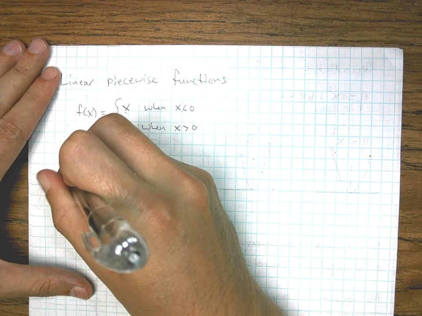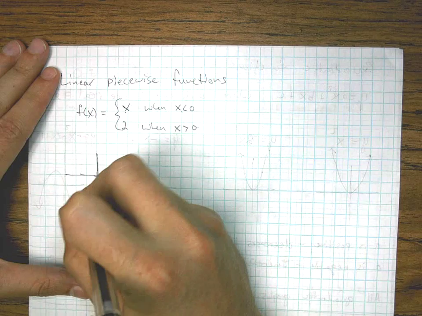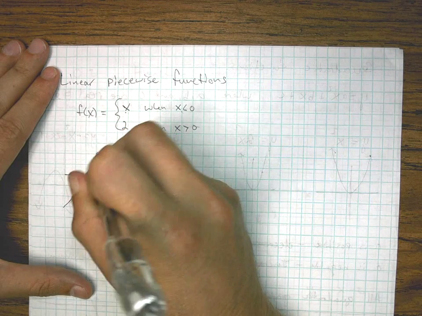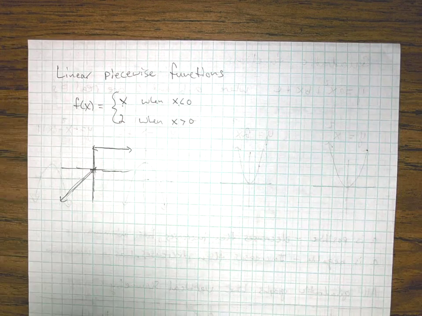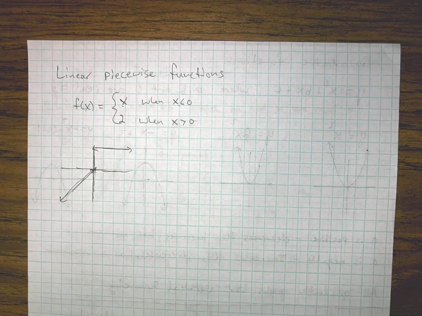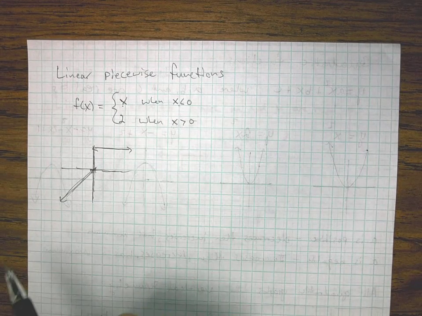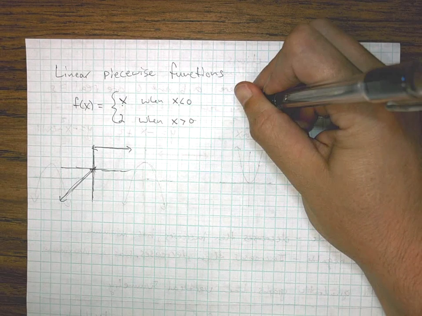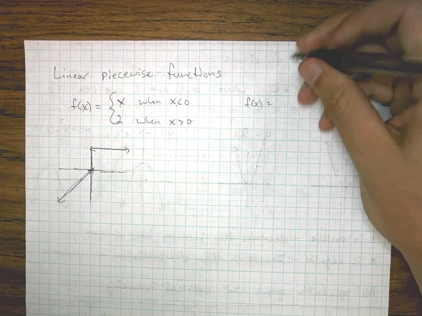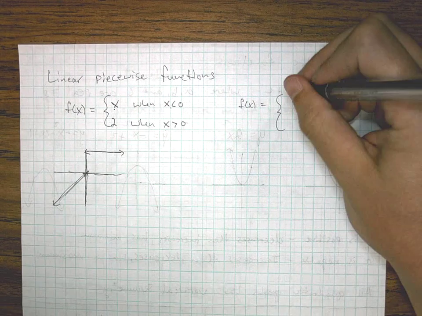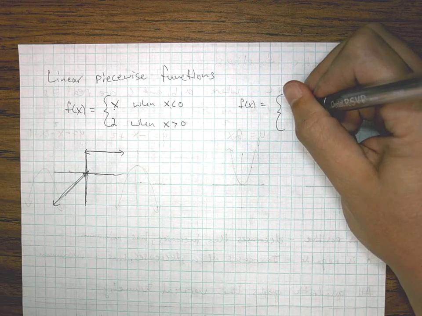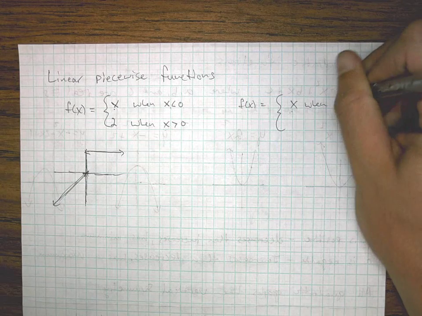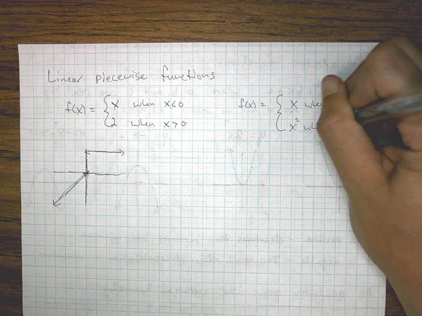So in this case, this graph looks like this. Again, two different pieces of it. It could also look like f of x equals x when x is less than 0, x squared when x is greater than 0.